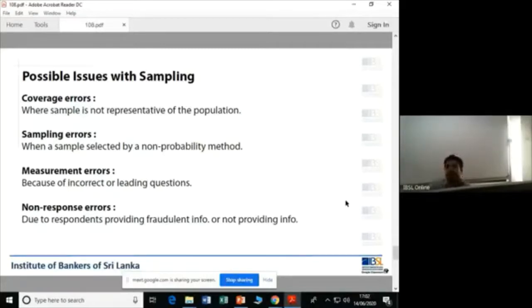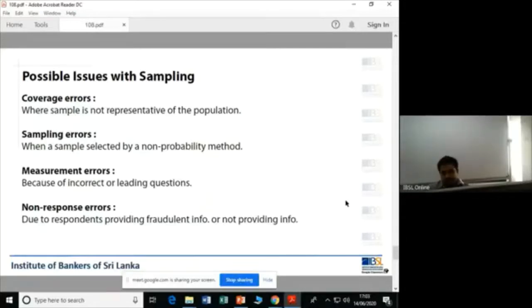But in the non-probabilistic techniques, we discussed that the researcher or the statistician will have to use some judgment, selection, depending on the easiness or the accessibility of the data, to select items for his or her sample. So in such instances, you will not give equal probability to everybody. Isn't that so? So that's why this type of error occurs, which we name sampling errors.